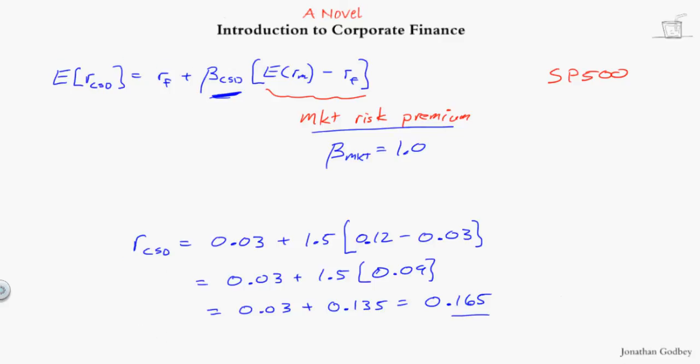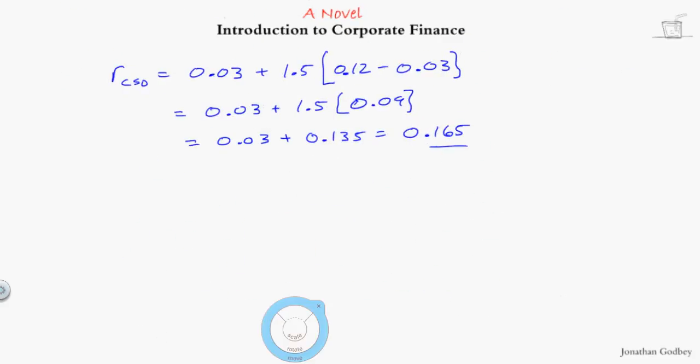Now let's move that up and come up with another beta. Let's say that we look at the return for Caspian Sea drinks. We still say the risk-free rate is 3%. And I'm going to say the beta is equal to 0.7. So my beta is equal to 0.7, and my market risk premium is still 0.09.